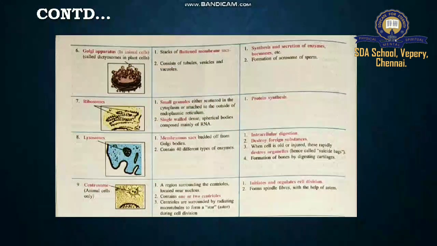The lysosome is the next organelle. You know lysosomes are commonly called the suicidal bag. Its main duty is that whenever our body or an animal or plant cell faces famine or scarcity of food, it will catch neighboring organelles or any dead matter inside the cell and produce energy.